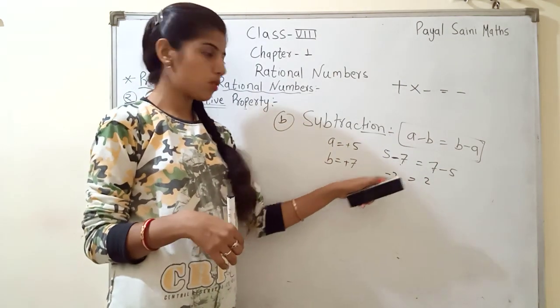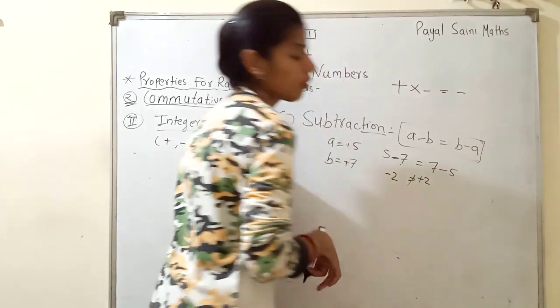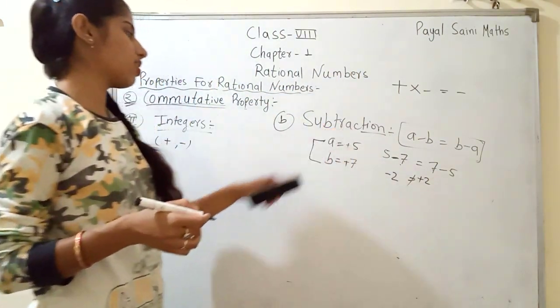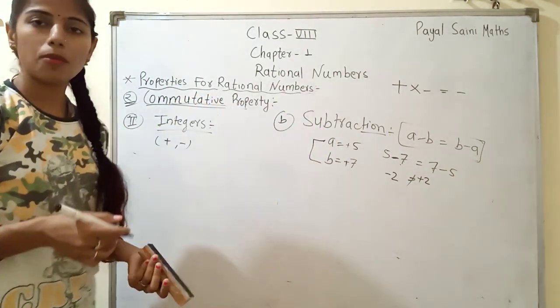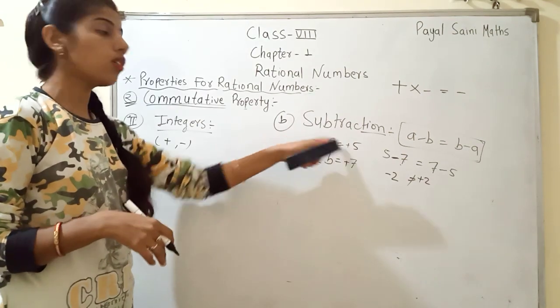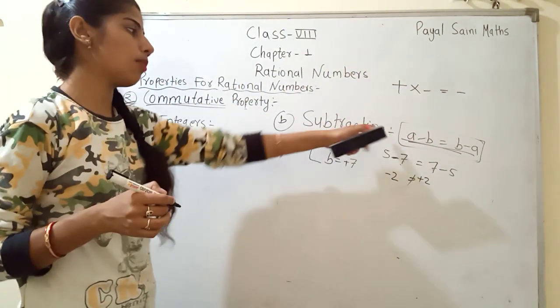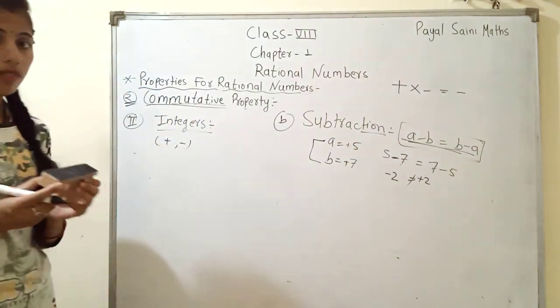Because here is minus 2 and here is plus 2. When we see, it is not equal. By this example, we can say subtraction in integers is not verified for the commutative property. Like that, in whole numbers subtraction is also not verified, and in integers it's not verified.